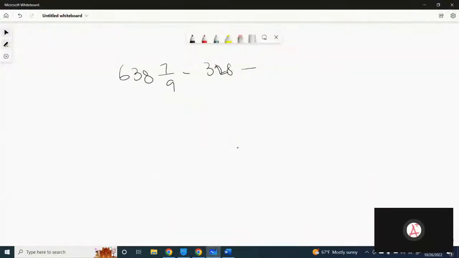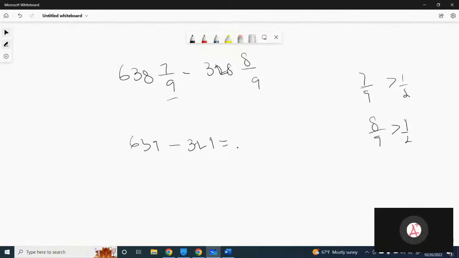So you have to round off the numbers to the nearest whole numbers. Just look at their fractional part. 7 by 9 is greater than 1 over 2. Got it? So it would be rounded off to 639. And 8 by 9 is also greater than 1 over 2, so this is again rounded off to 329. Got it? So just subtract.